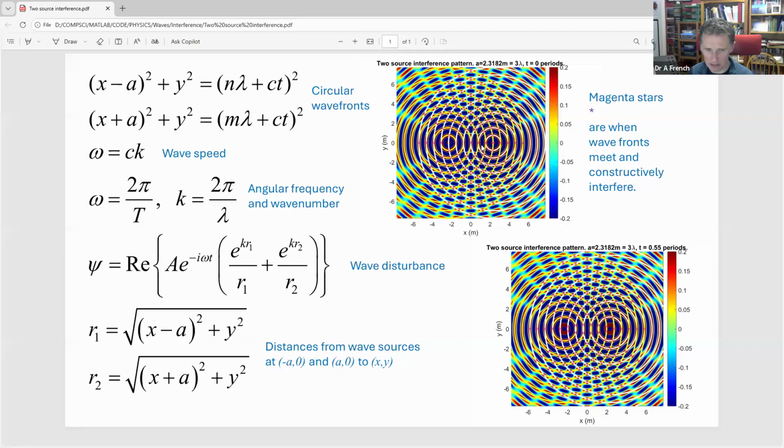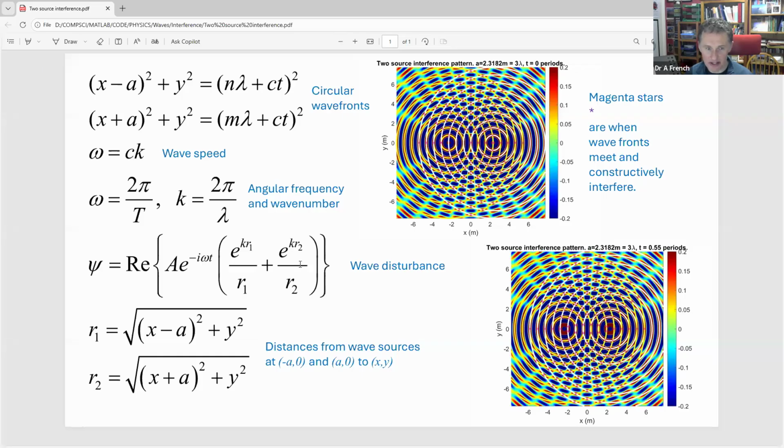We're assuming it's the same kind of wave. Those form the concentric circles, so different numbers n and m are the different circles. And you can work out when they are equal to each other. Set those equal to each other, and you can work out where the magenta spots are.